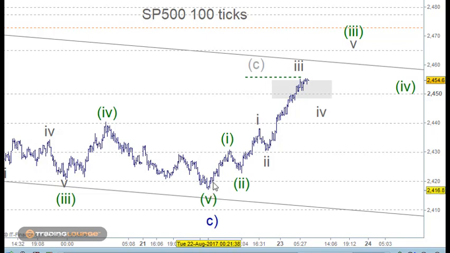So in this case here, we can look at this as wave 1 and 2 here, and then 1, 2, 3, 4, 5 for 1 and 2 here, and then all of this wave 3 up here. So I'm kind of expecting a top here, and as I mentioned, we're looking for a move down to 245 area here.